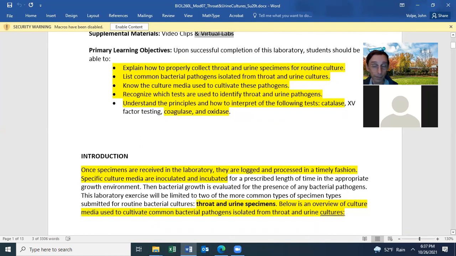You should know and understand the catalase test, coagulase, and the oxidase test. We will briefly discuss the XV factor testing, but I'm not going to hold you responsible for knowing that test. Any question about any of that?